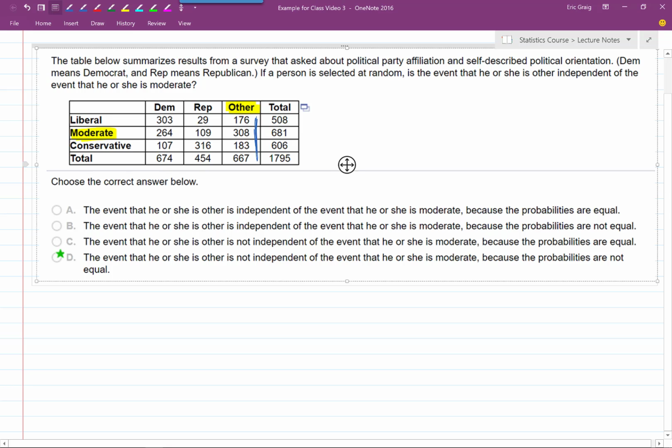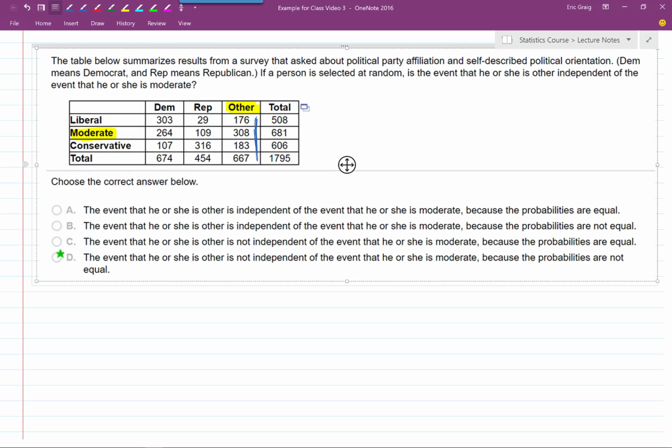So if I know that you are other, the best guess that I can give about whether you are liberal, moderate, or conservative would be that you are moderate, because most people in this other category are in fact moderate. That means that other and moderate are not independent, because the probabilities are not equal.